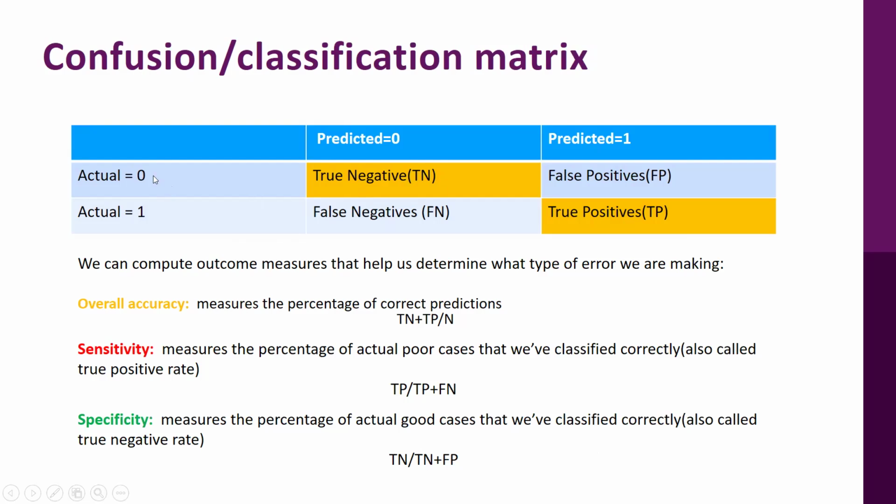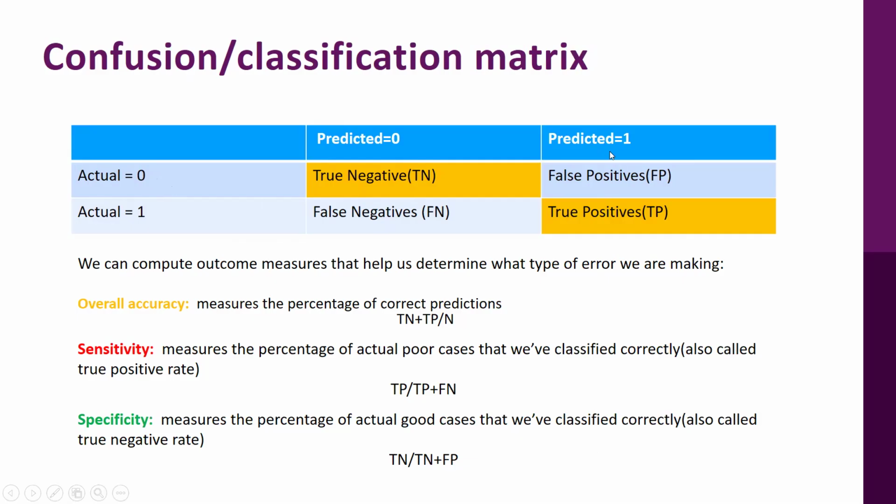However, if someone was classified as healthy, or in this case 0, and they were actually ill, then you had a false negative because your prediction was 0, whereas they were actually diseased. So that's a false negative.